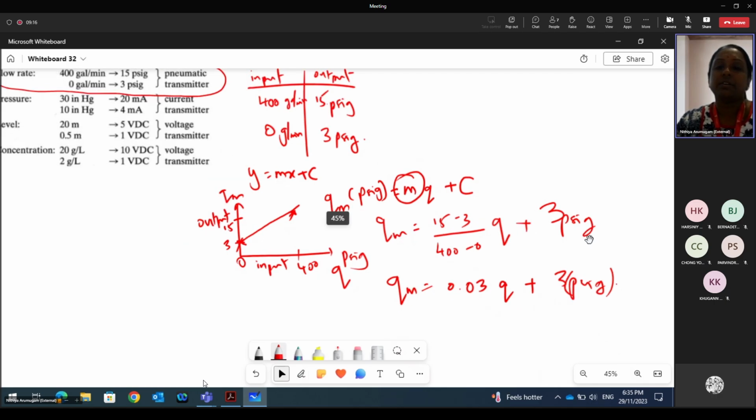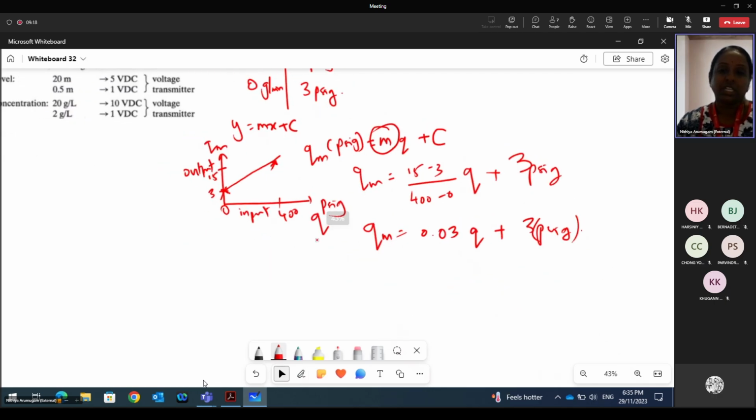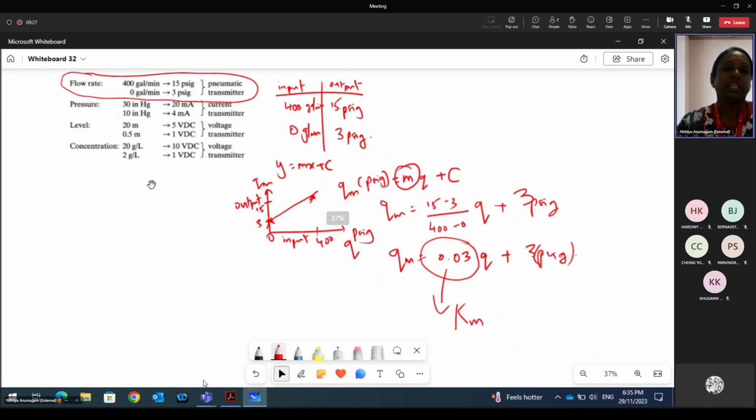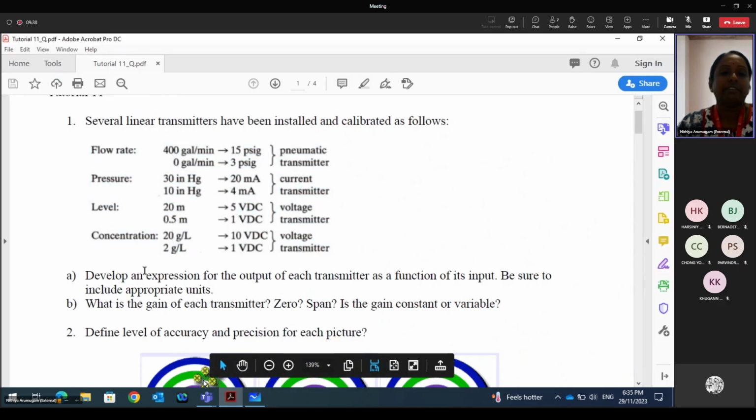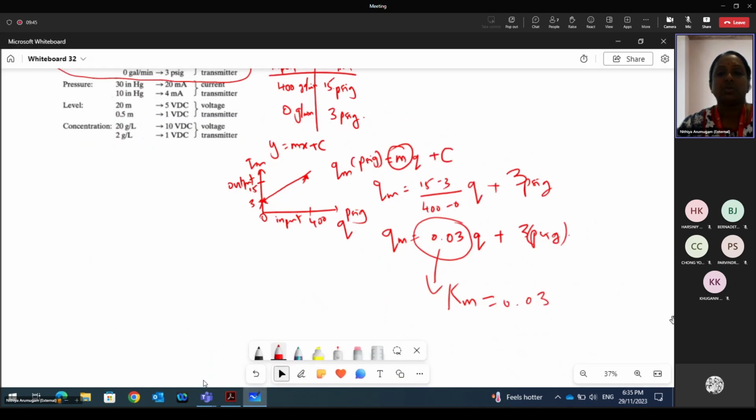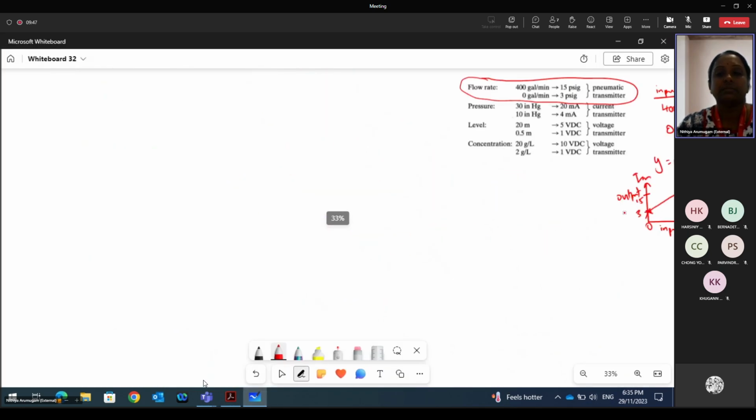Now from here, what can we tell? From this equation, we know the 0.03 is the gain for that particular transmitter. So this is a pneumatic transmitter. The gain for the pneumatic transmitter will be Km, which equals 0.03. The question asks us to develop an expression for the output of each transmitter as a function of input. So this is the expression.